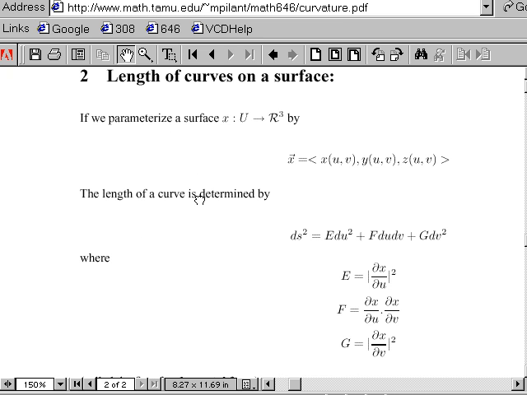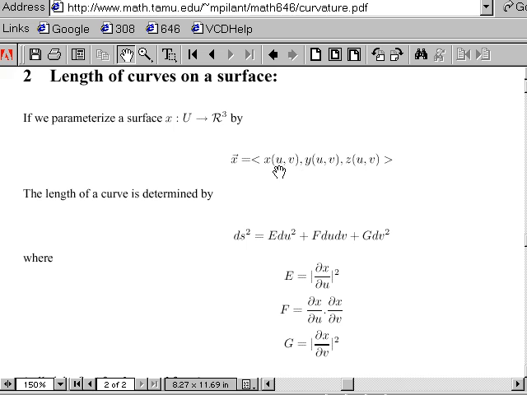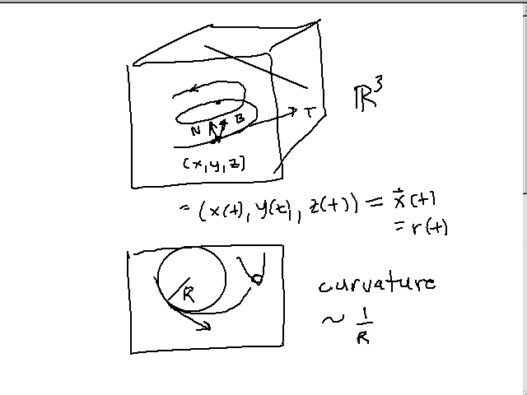So how would you define the length of a curve on a surface? Well, if you have a surface in 3 dimensions, that means you can parameterize the surface, if it's a regular surface, by 2 parameters.